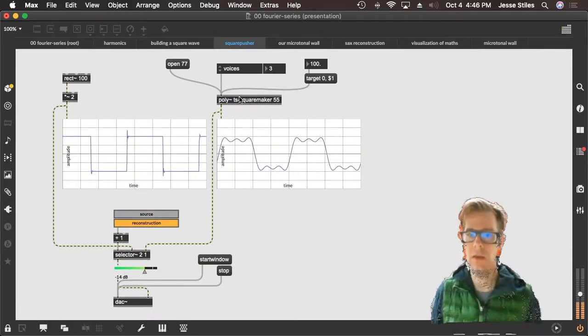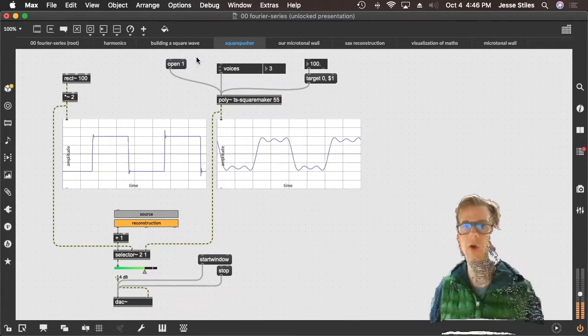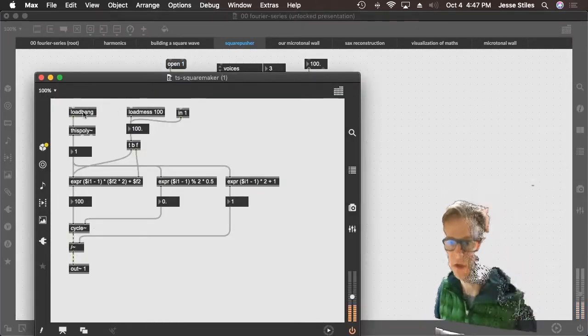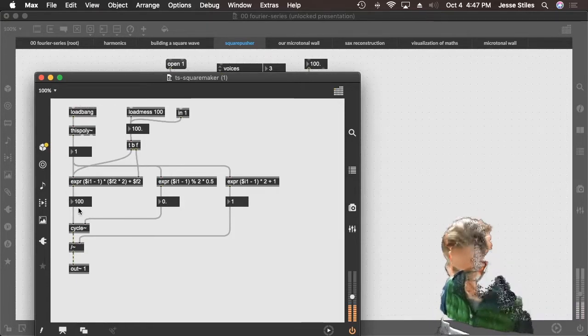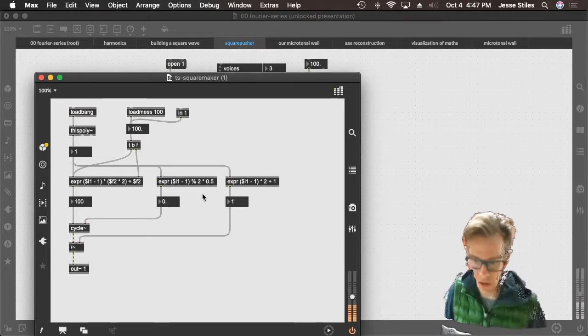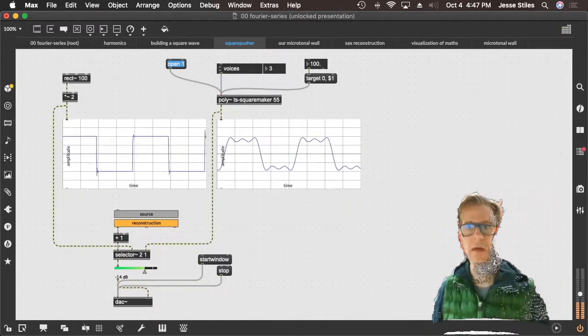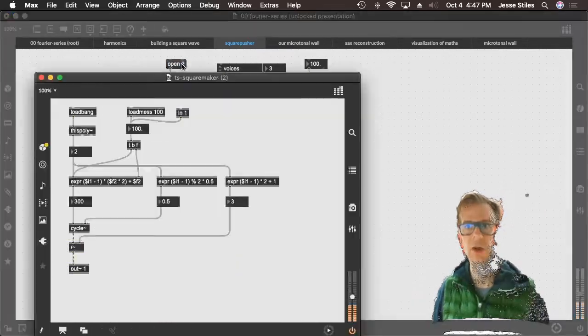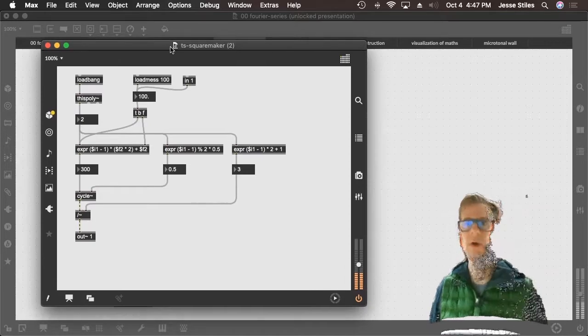And so it's loading 3 instantiations of my base patch, and we can look at them by saying open 1. And here's our first instance. So it does the math, and it creates a sine wave with a frequency of 100, a phase of 0, and this attenuation value 1. The second instance of my patch is going to create the odd numbered harmonics.